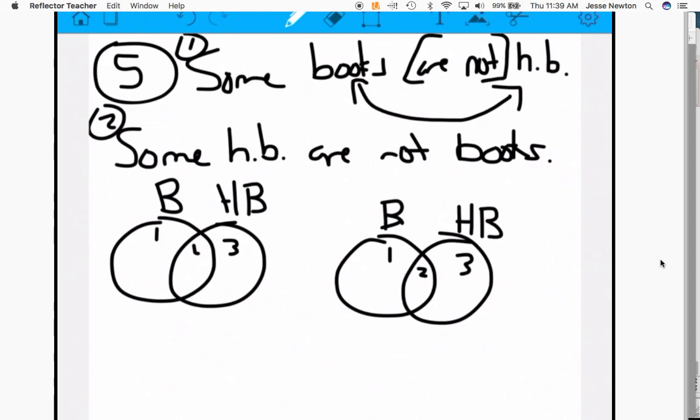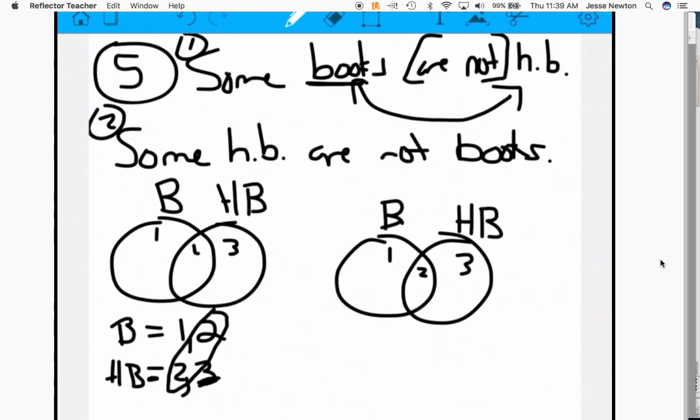All right, so what we do is we look right here. In the first proposition, book is the subject term, and book is region 1 and 2. HB is the predicate term, and so that is region 2 and 3. And what we do is we identify the region of overlap, we shade in the 3, and then next we look at "are not."